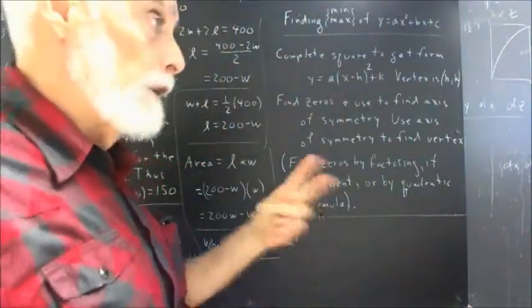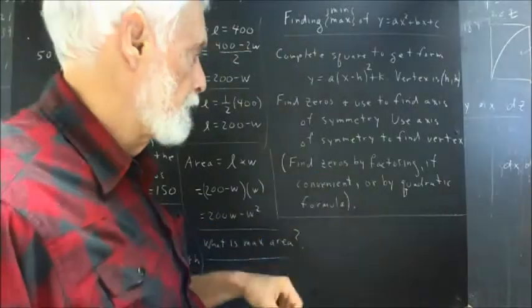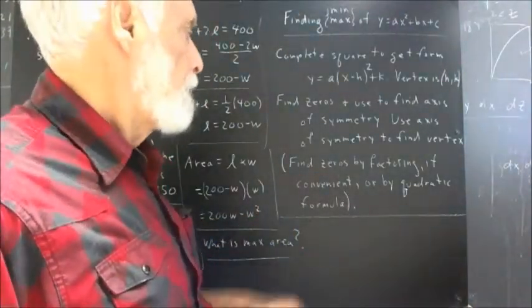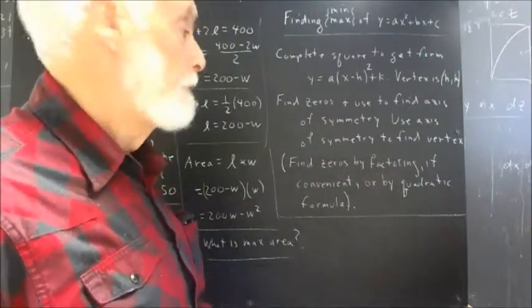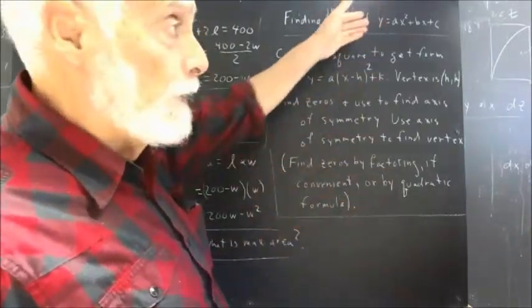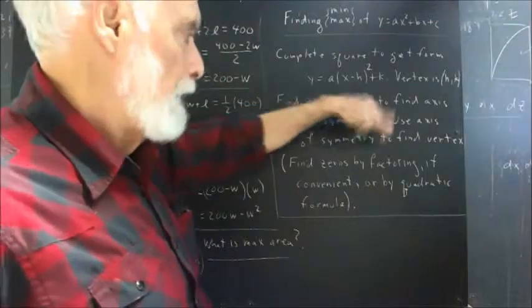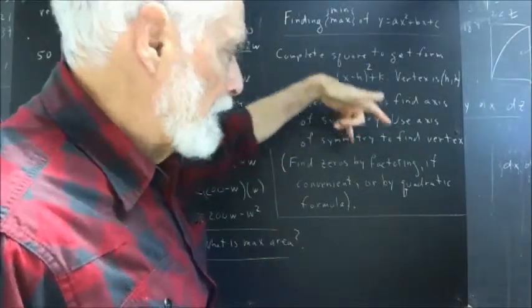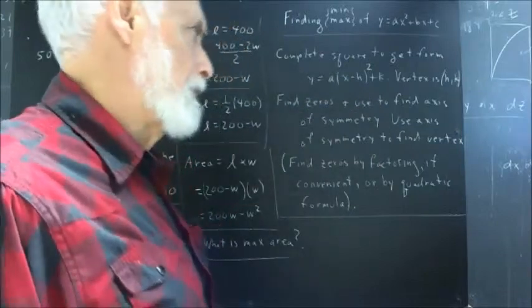Now, how are we going to find the zeros of our quadratic function? Well, there are at least two possibilities, and there are other tricks you can pull, but let's stick with these two. You can find the zeros by factoring, assuming that the function factors and assuming that you can find the factors. In most applications, it's not going to be that easy to factor it. It might not even be possible.